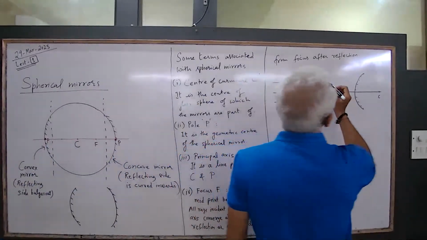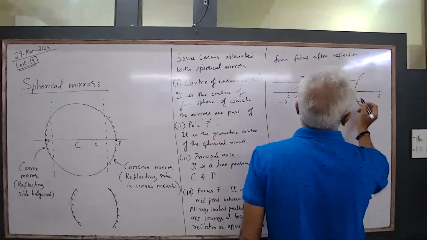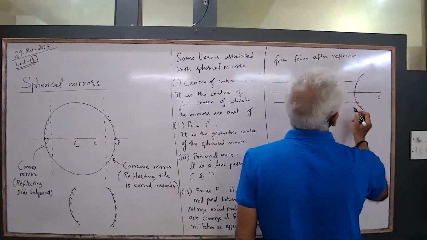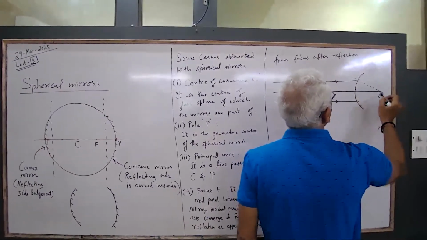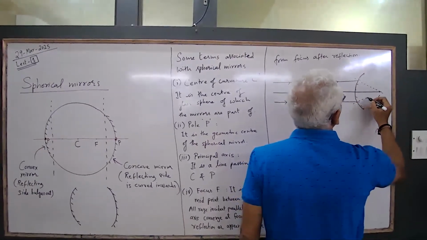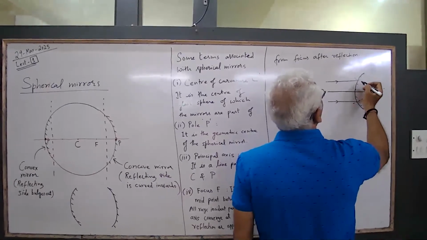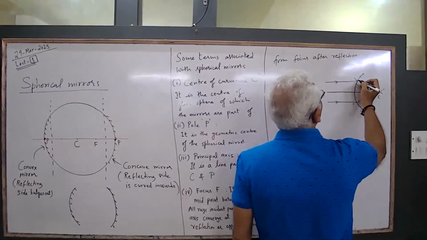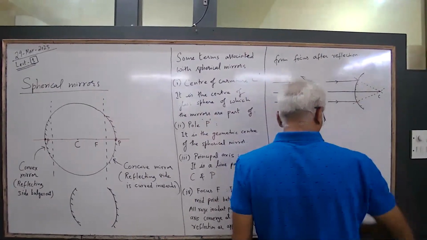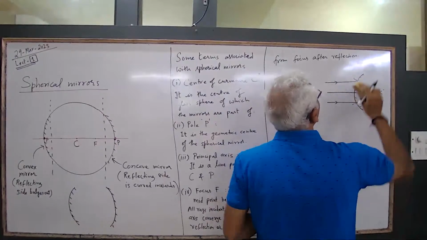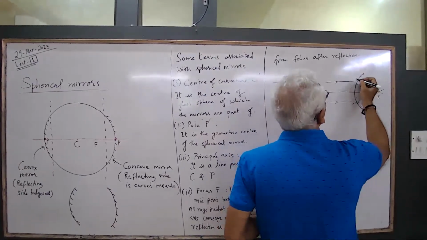So now take the incident rays here. This is parallel. So what is the normal? Normal will be this. Okay. So once you have the normal, you have to extend the normal on the reflecting side, because reflection will take place only on the reflecting side, not behind. You got it?